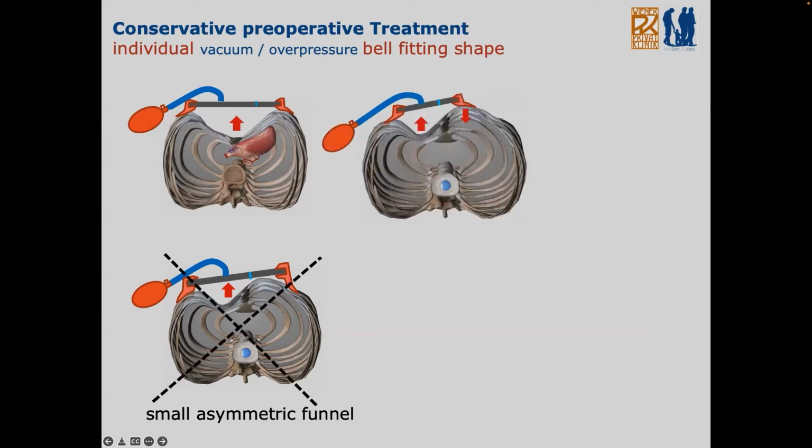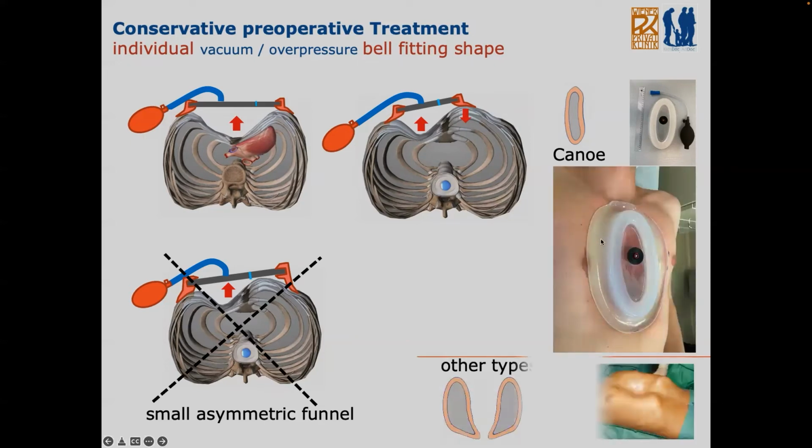It is a matter of extending a suction on the lowered and a pressure on the protruding parts of the chest. Therefore, for effectiveness, the vacuum pressure bells require additional fitting shapes, such as a canoe shape, as you can see here on the right, and perhaps also an inverted Y shape of the bell in a patient in the picture below right.